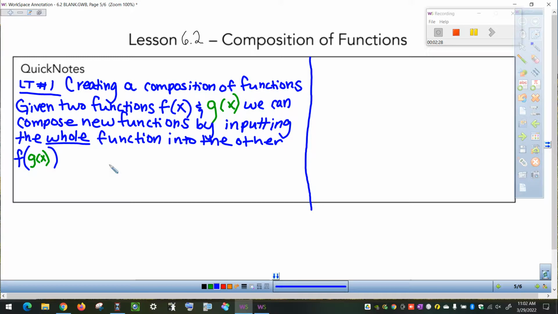And the way this one works is that we input g of x into f of x. And the way we say that is f of g of x. So the entire function of g of x becomes the input into f of x.